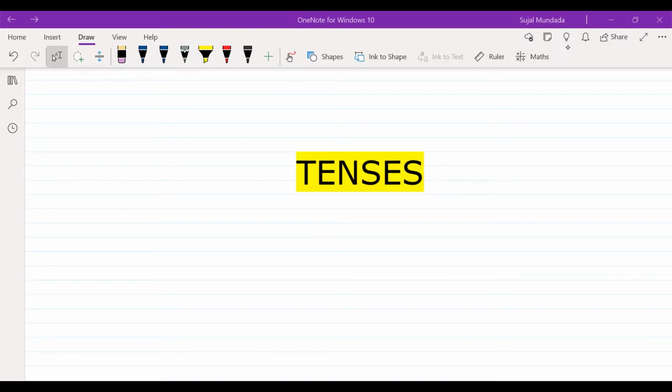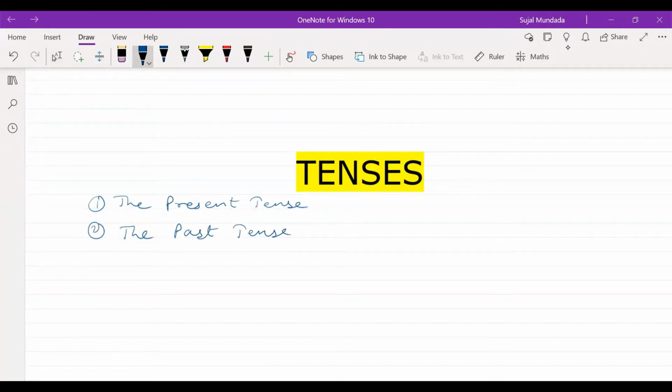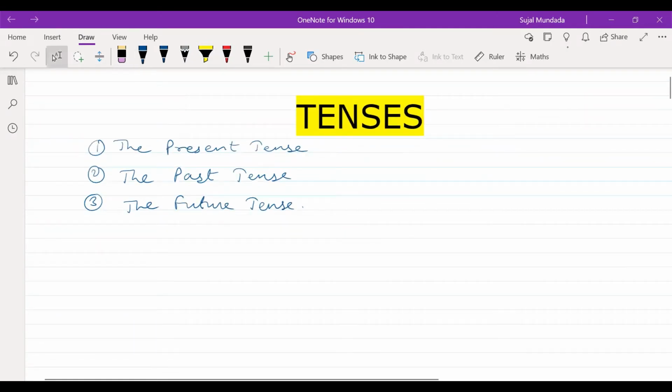Now these are the present tense, number two, the past tense, and the future tense. Now these three tenses are divided into four types each, and that's why we get that there are total 12 tenses in English.